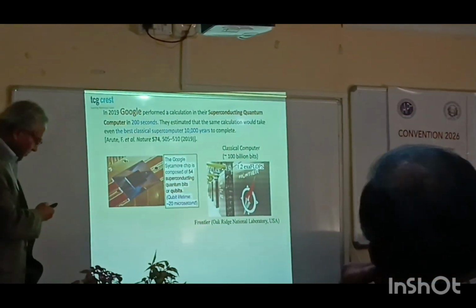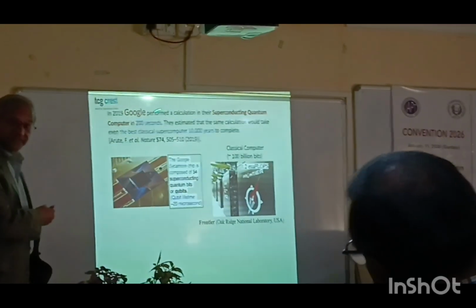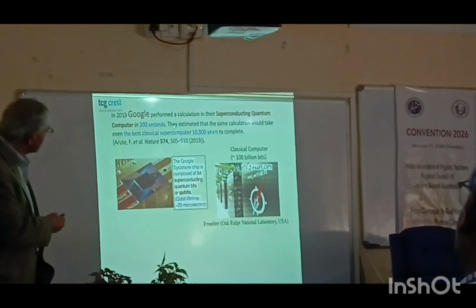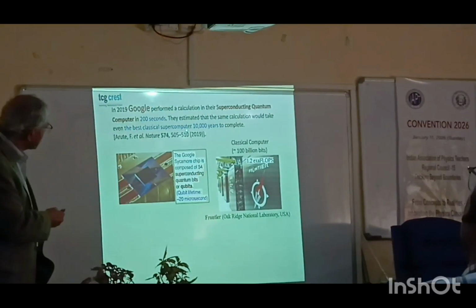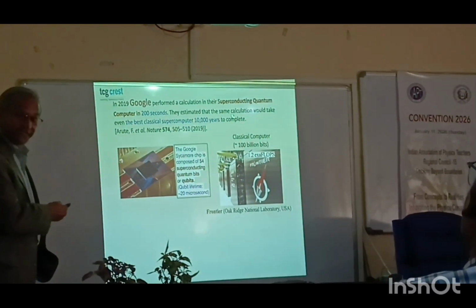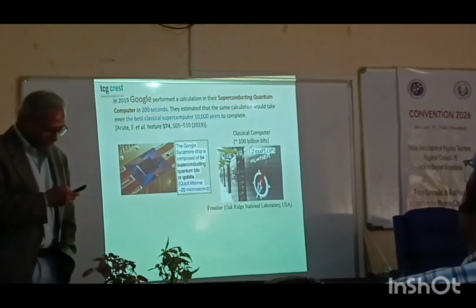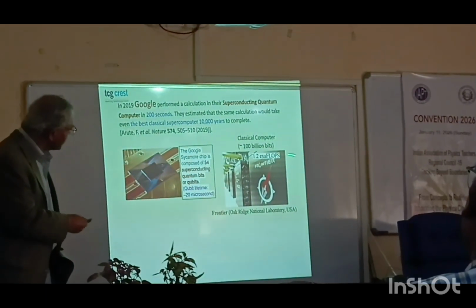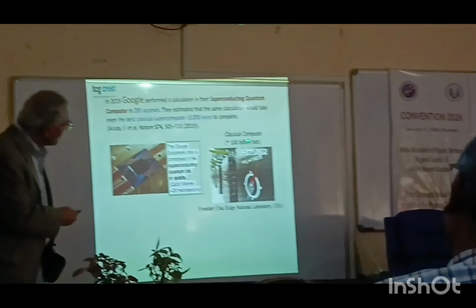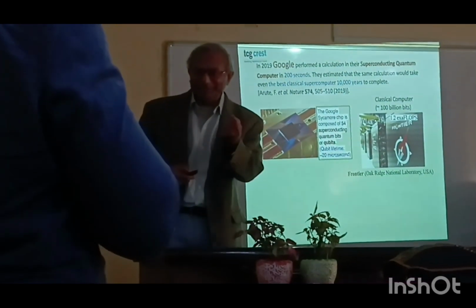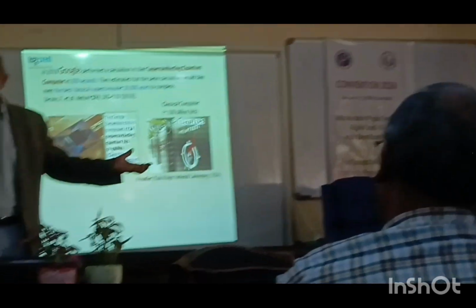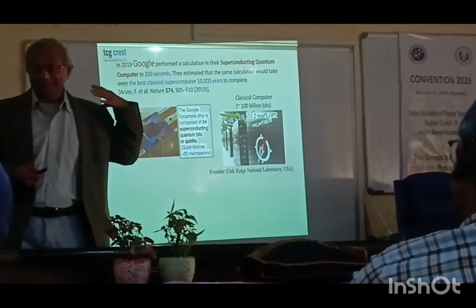They showed that they could carry out a calculation in 200 seconds, and they estimated that the best classical computer would take 10,000 years to complete it. What is the best classical computer? Something like this, at a national lab. 100 billion bits. So this is a small baby, right? This is 54 qubits, and that's 100 billion bits. Still it is so powerful.